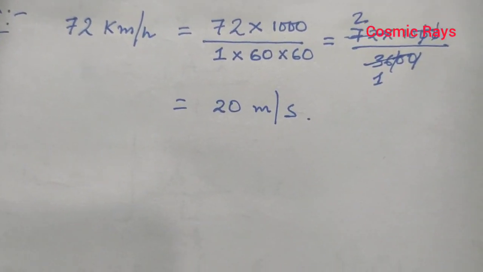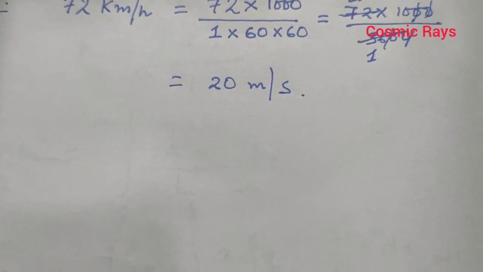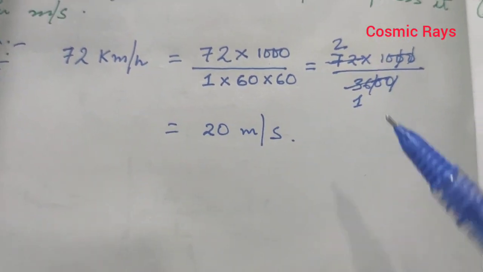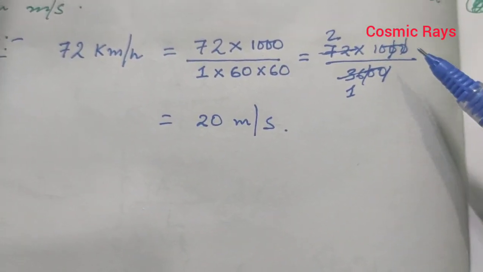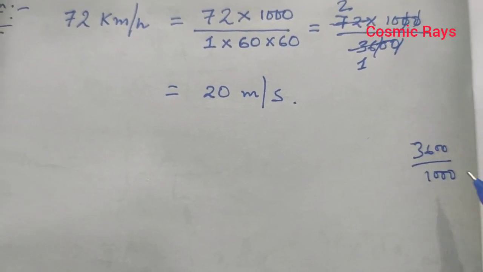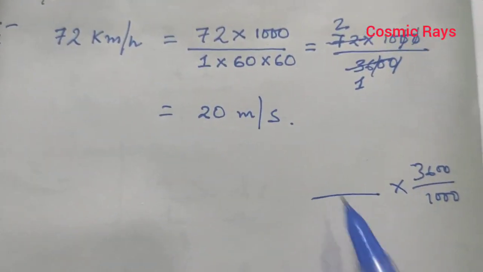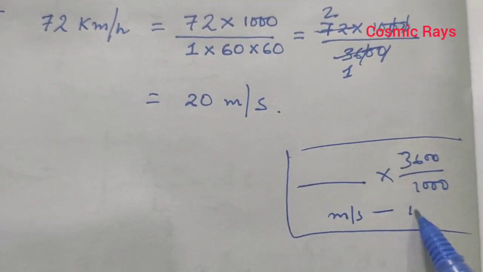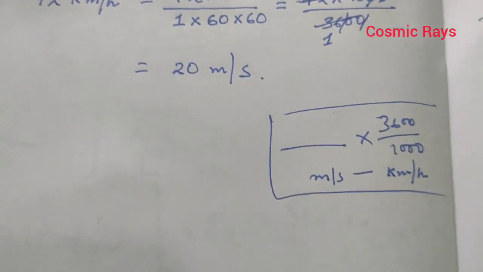This is how we convert kilometer per hour to meter per second. In case it's the other way around, you just flip this, then it would be 3600 by 1000 multiplied by the given number. This is the way to convert meter per second to kilometer per hour.